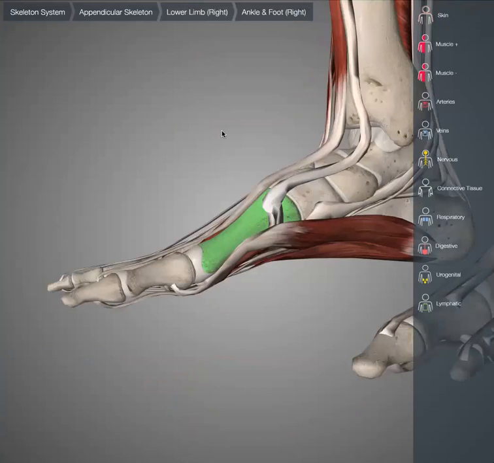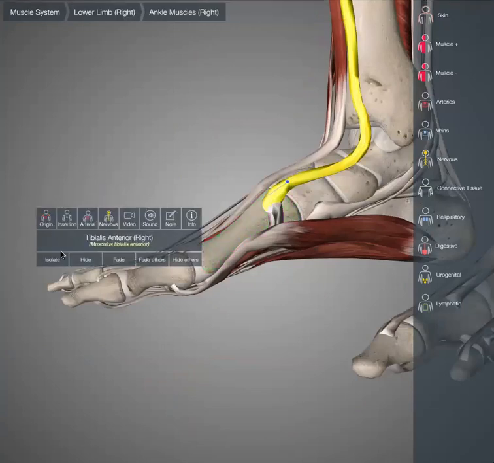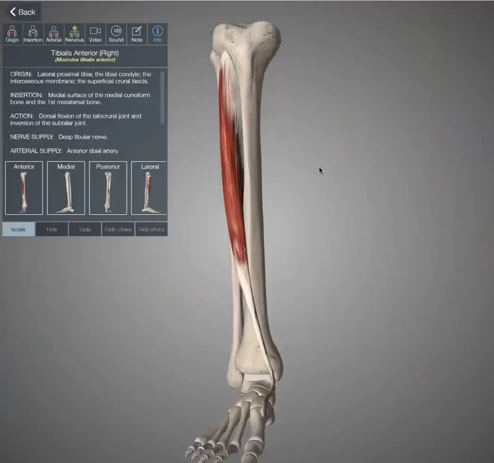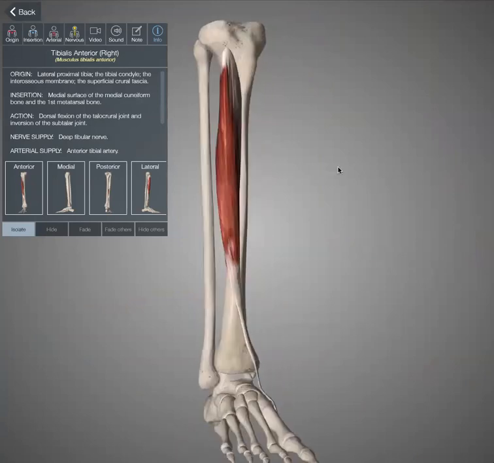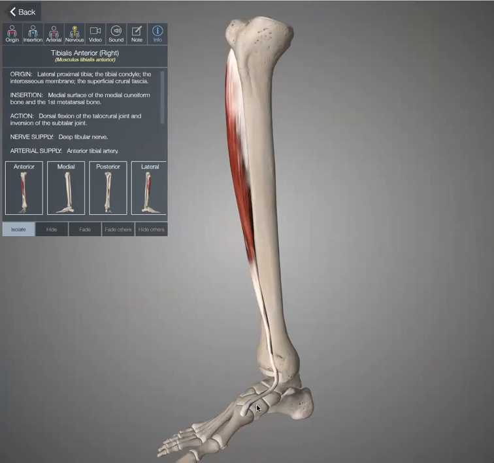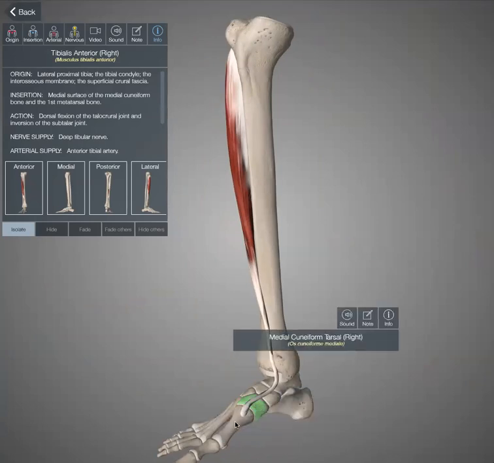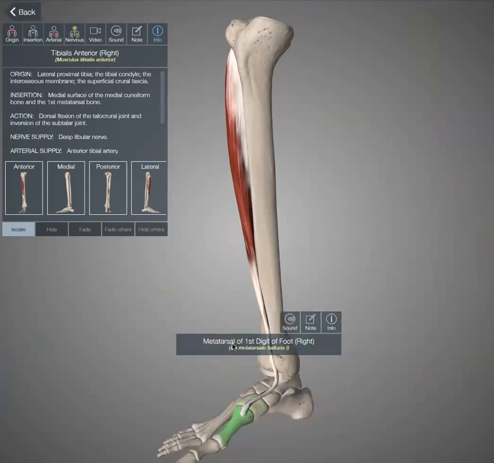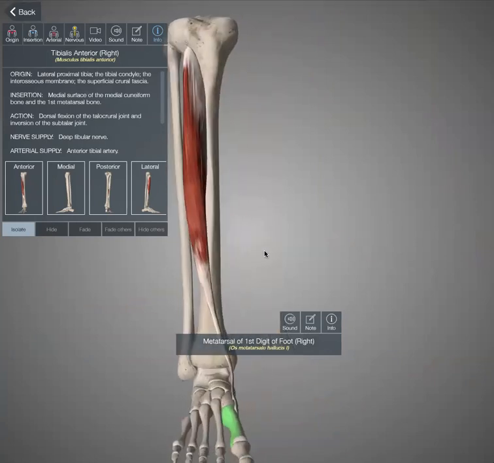If you isolate it, you're able to see how this muscle is situated. So from the lateral surface of the tibia it goes down, goes medially, attaches to the medial cuneiform and the base of the metatarsal bone. And the action is dorsiflexion and inversion of the foot.